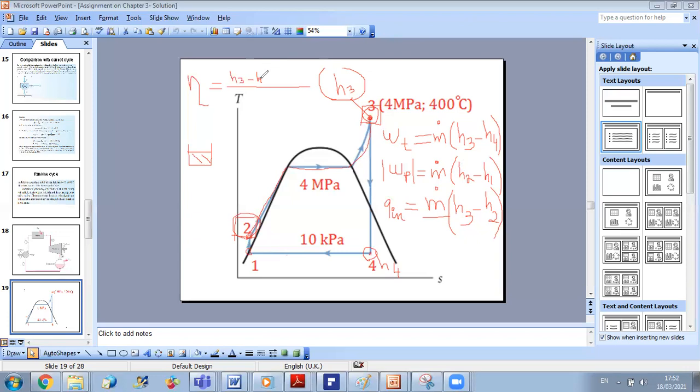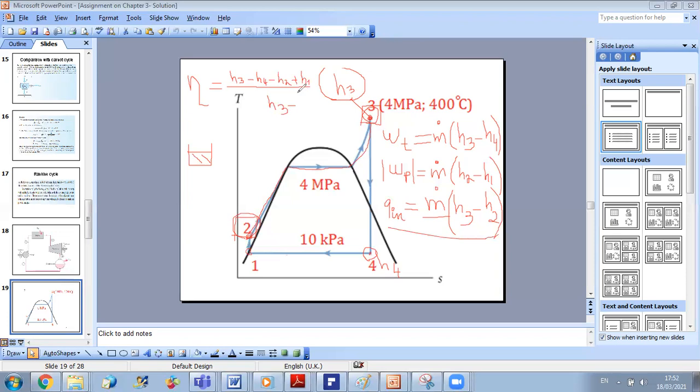So here H3 minus H4 minus H2 plus H1, over H3 minus H2, which is from Qn.